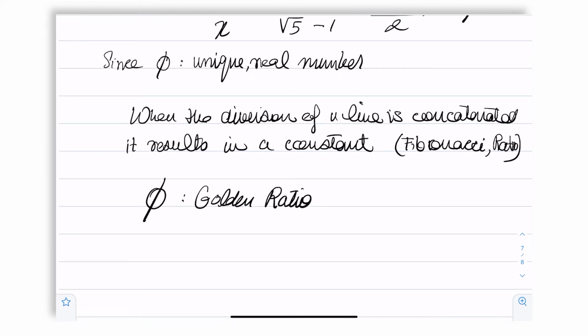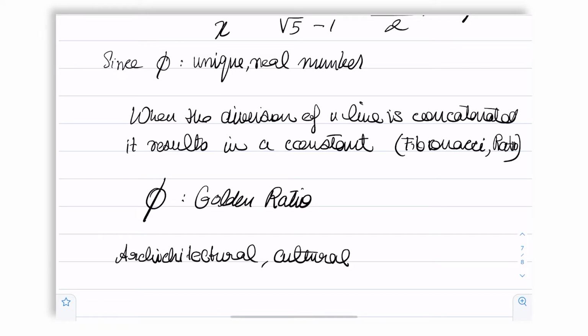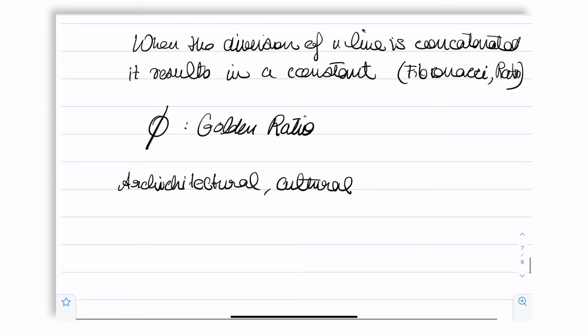It is found in many architectural and cultural artifacts, and it's thought to have some significance. But for us, the significance is really focused on Phyllotaxis. Many identities come from phi.